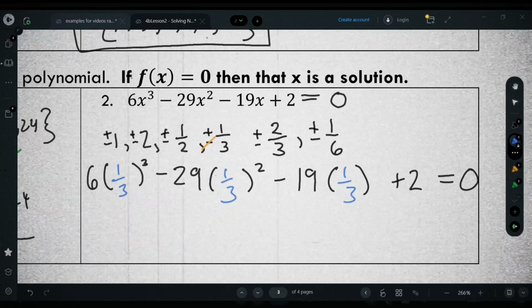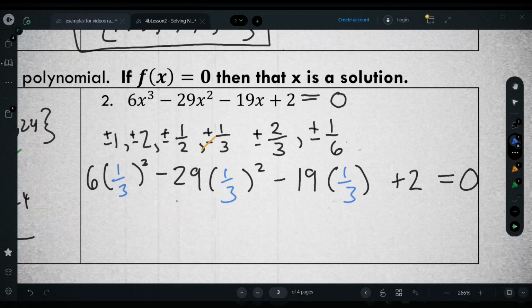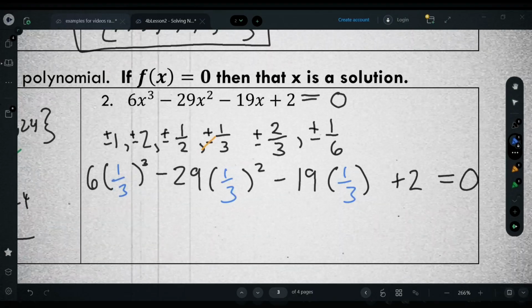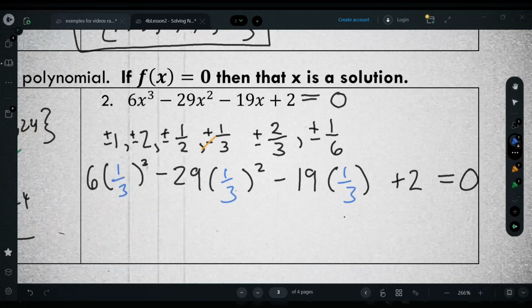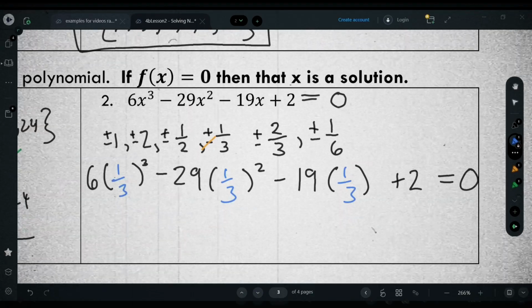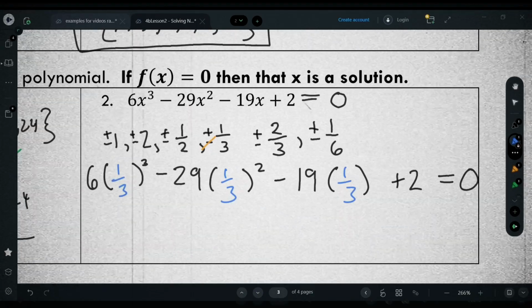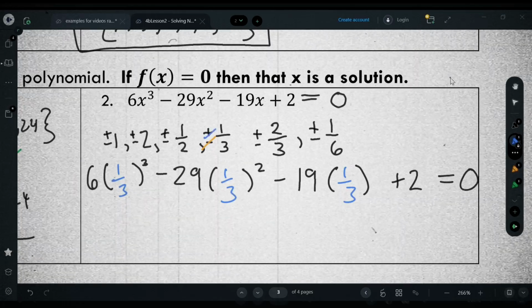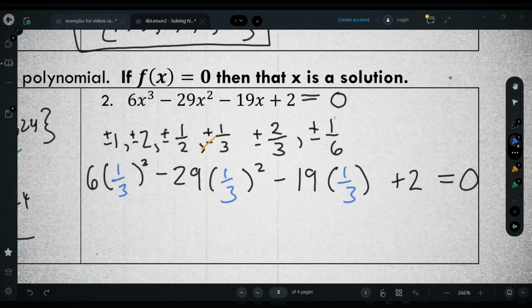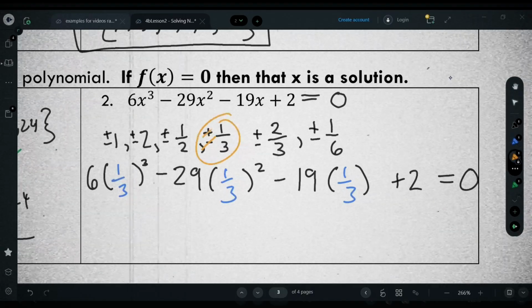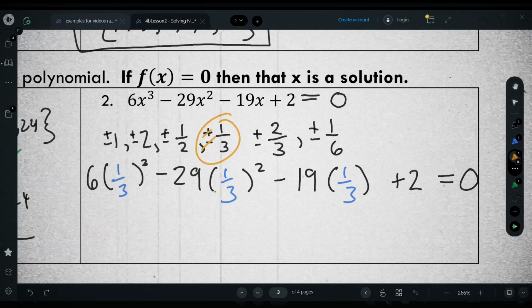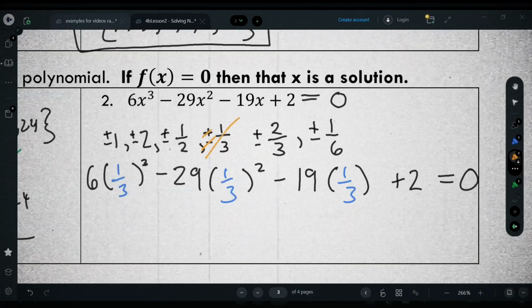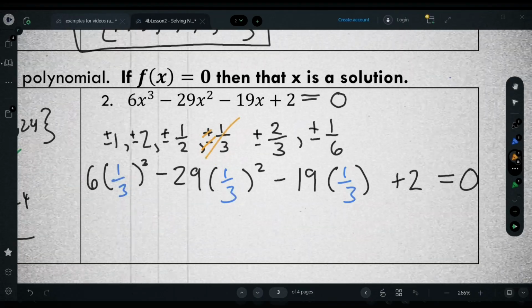Evaluate that on your calculator or on Desmos. Again, that one doesn't work. It's not equal to 0, so we can cross that off the list. We tried both of those. So it's neither positive 1/3 nor negative 1/3.